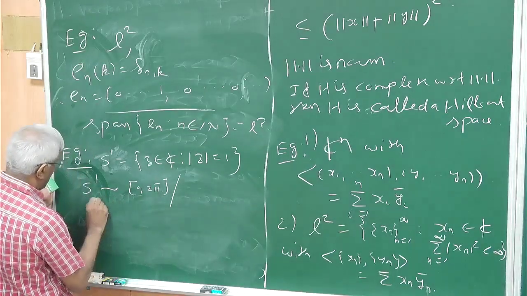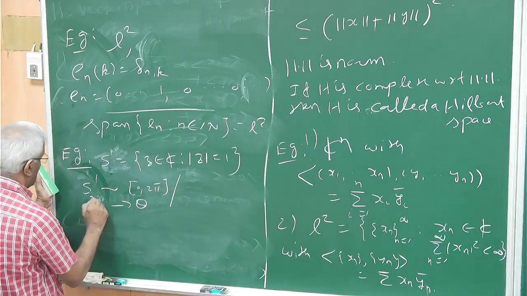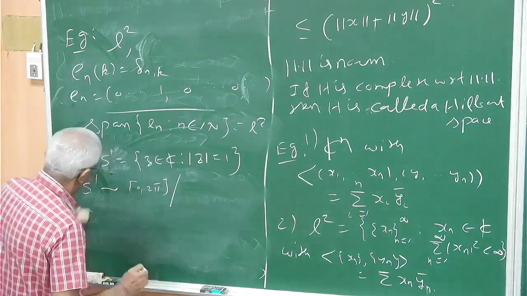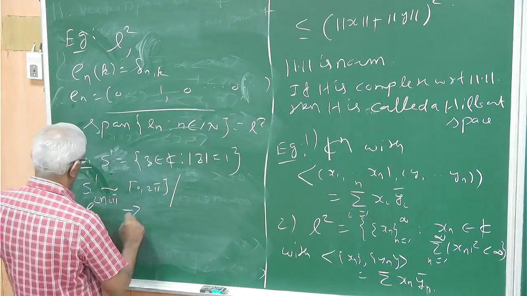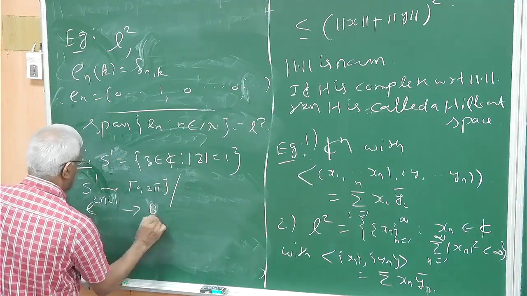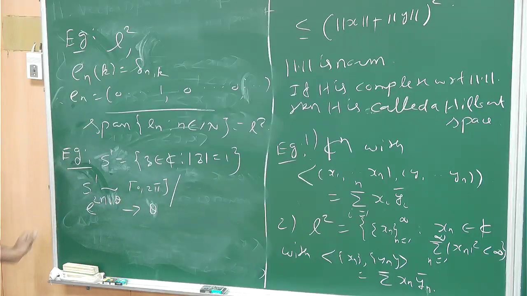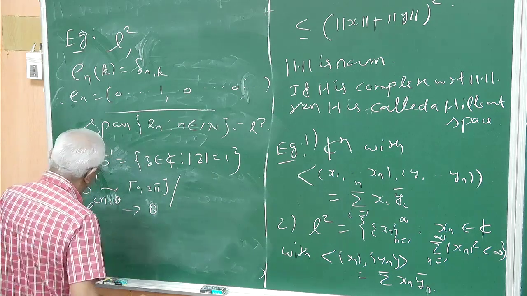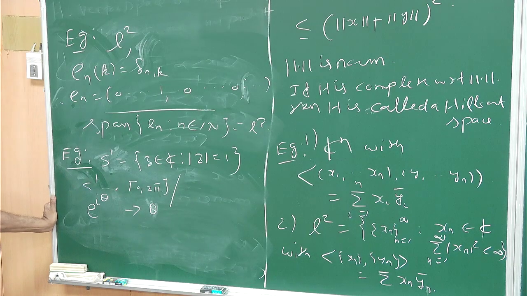This is with respect to the map theta going to e power i theta, which takes the same value at the two endpoints. You are identifying them.